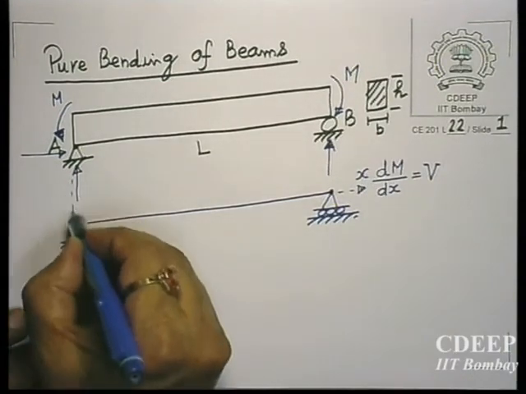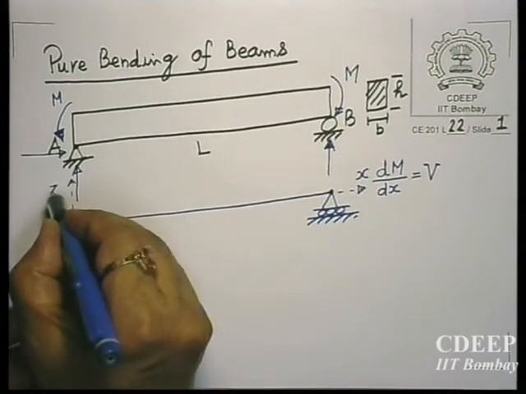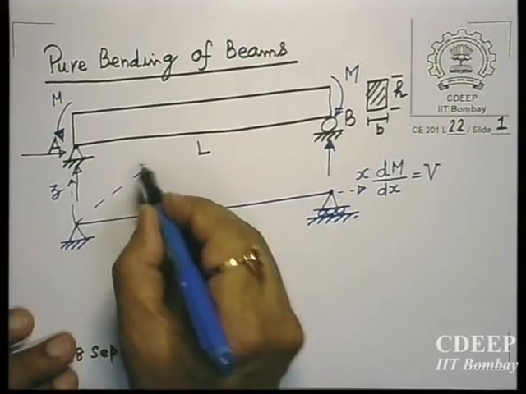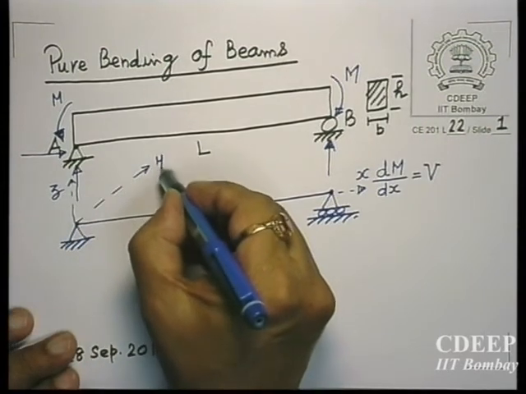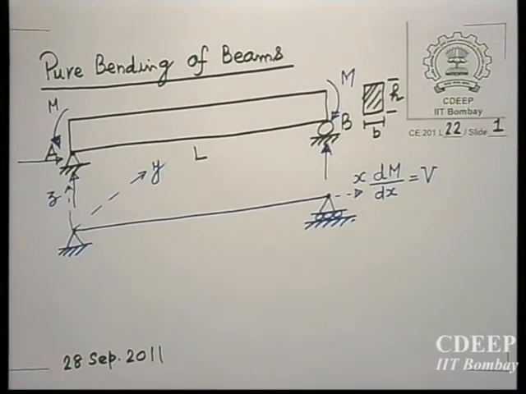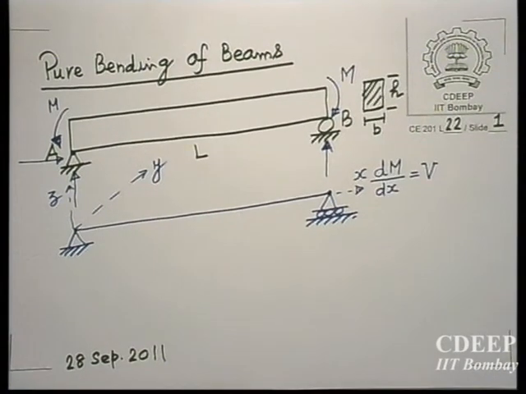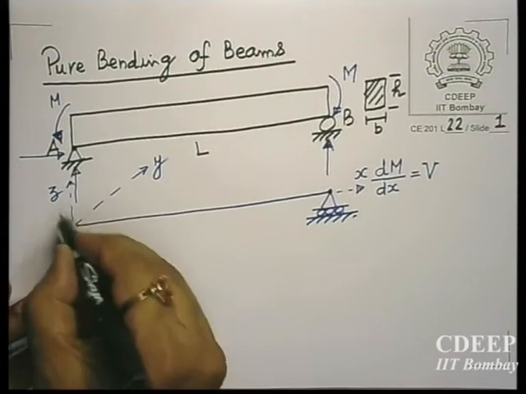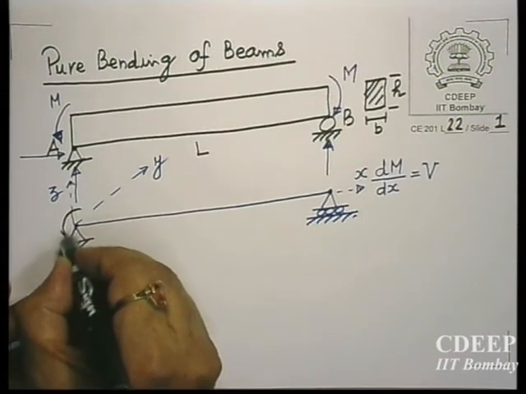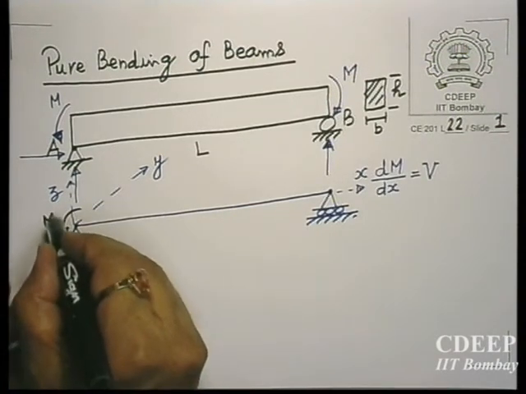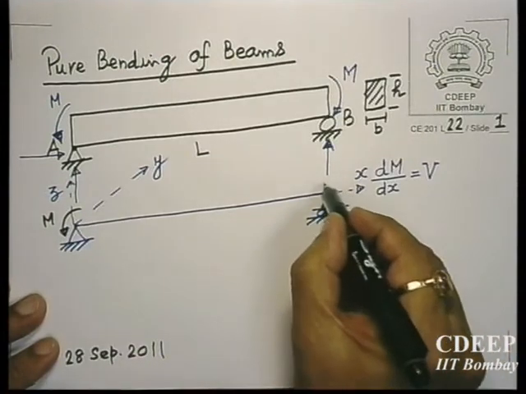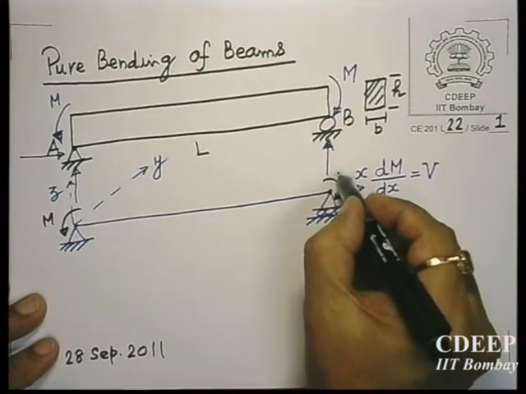This is our z direction, upwards positive, y is going into the plane of the paper, and this is subjected to pure bending moment. So we have at this end a moment M, at this end a moment M.